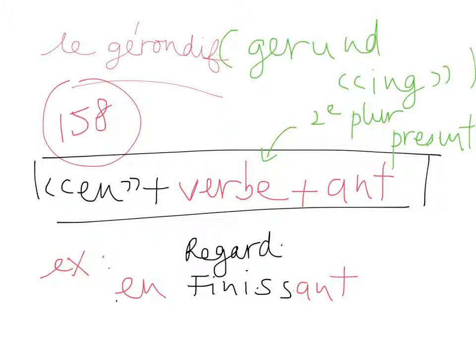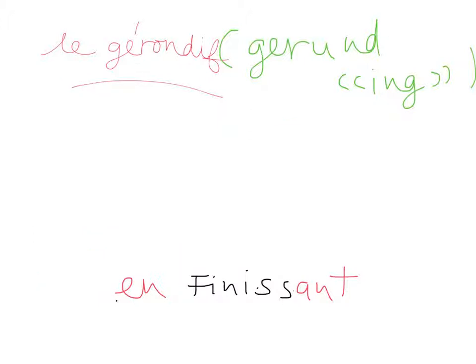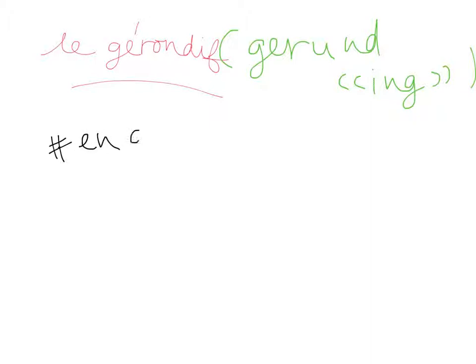There is something you should keep in mind, however. As usual in French, you have the irregular ones. You always have some irregular ones, right? So let's take a look at them. What are the irregular gérondif? The first one is en ayant.